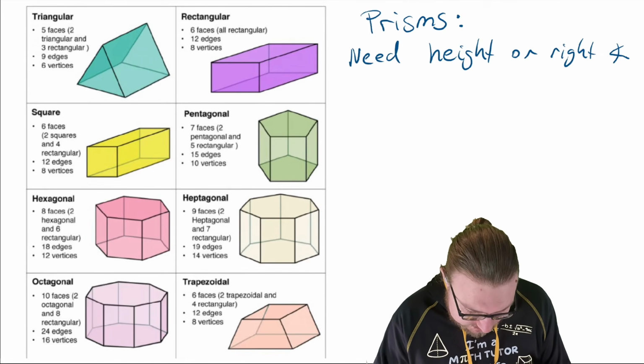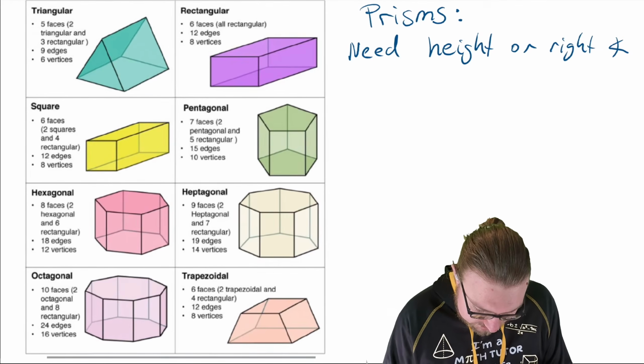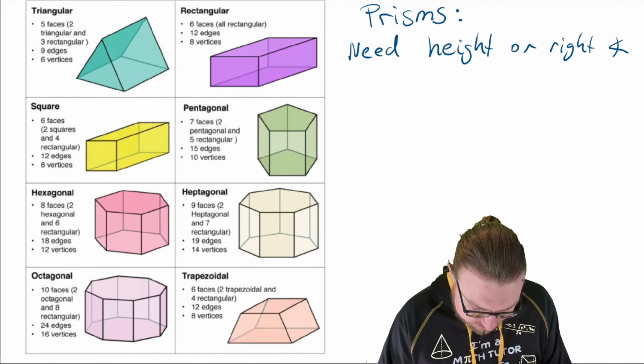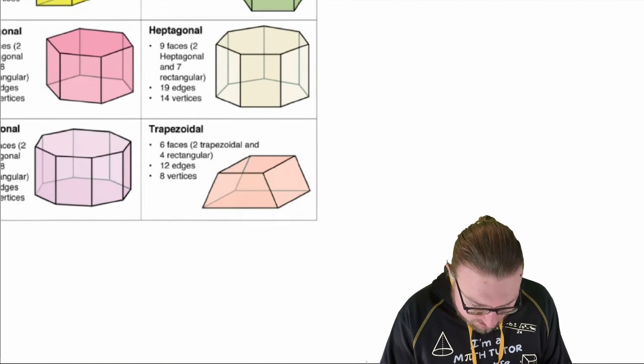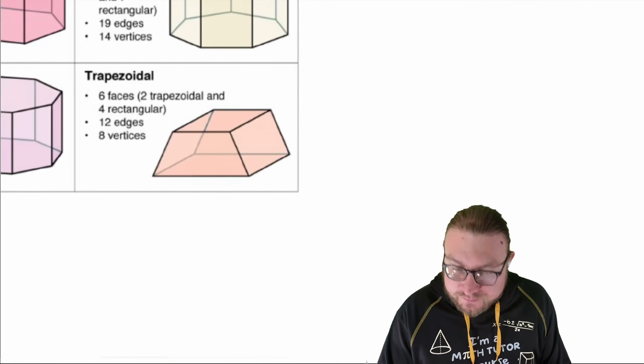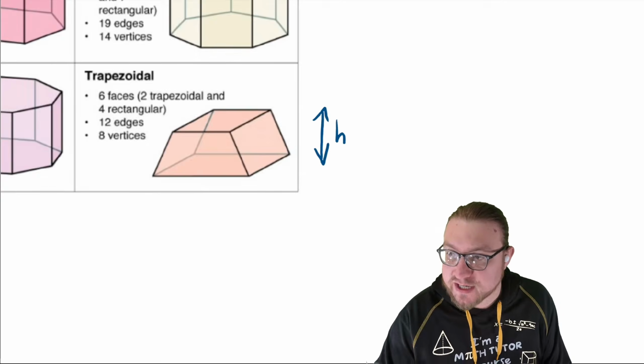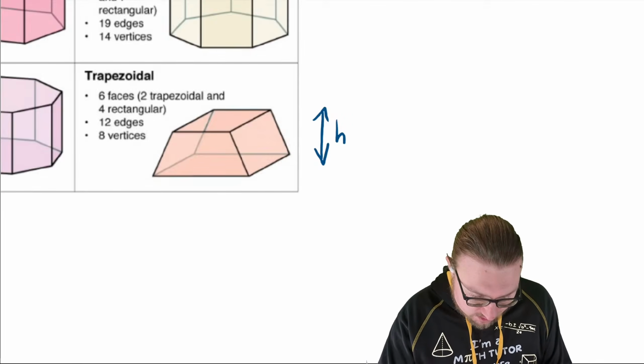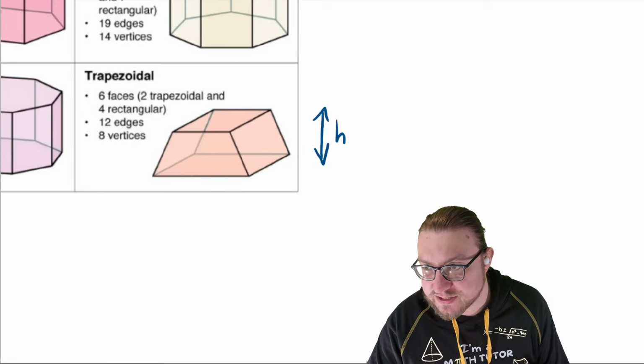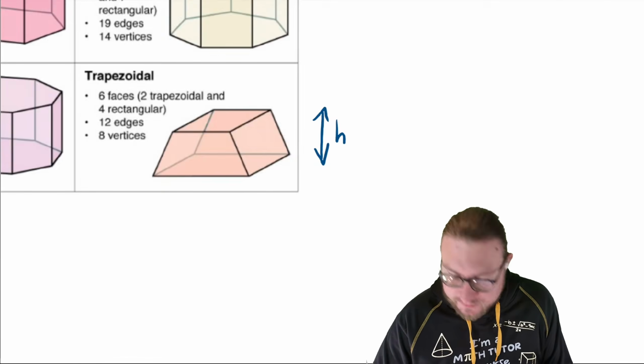The one part where it's confusing sometimes is, for example, the trapezoid. So let's have a look at this one here. More specifically, a lot of students always think of height as this part, how high this 3D shape is. But that's not correct here.